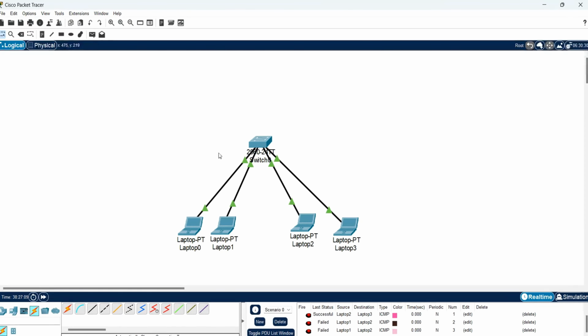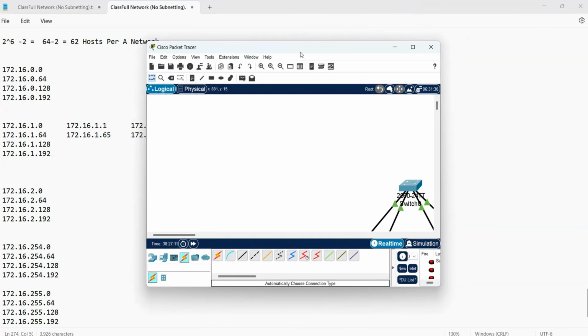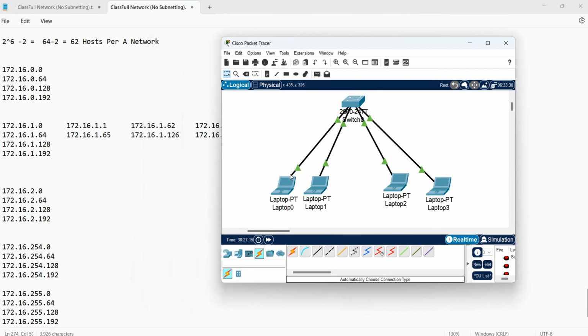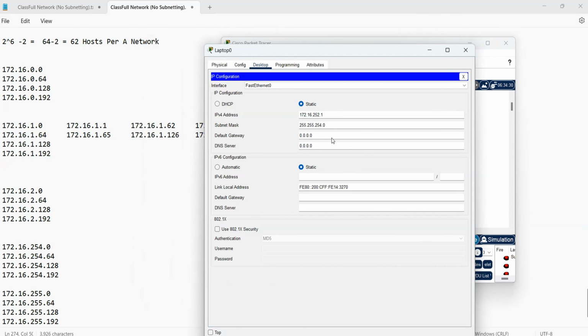So how can I test this? Well, let's go to the Cisco Packet Tracer and see how I can plug in the actual numbers. Let me put this number in: 172.16.1.0, and this one I make 255.255.255.192. I'm going to get an error message, because this is the network ID. Okay, perfect.